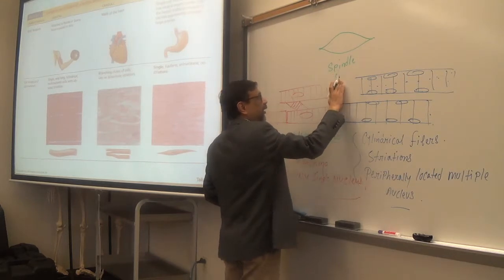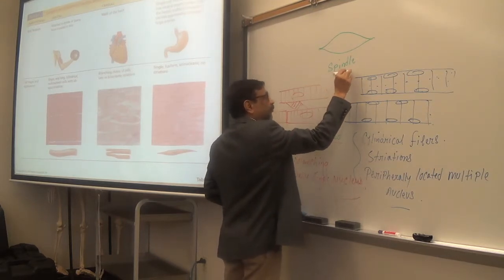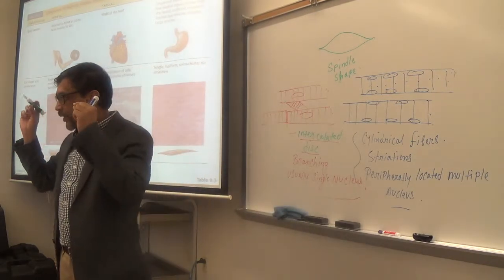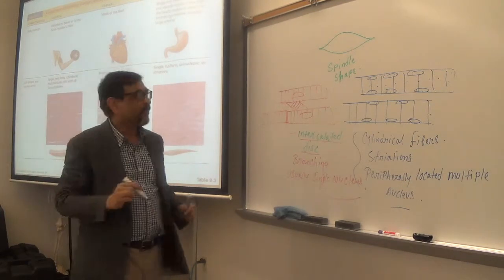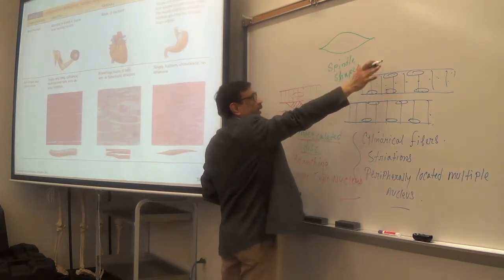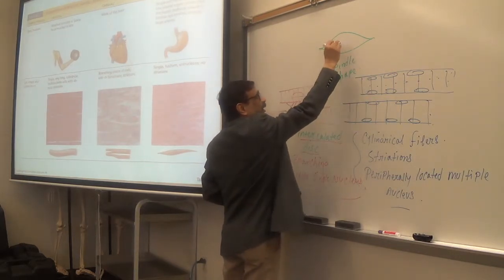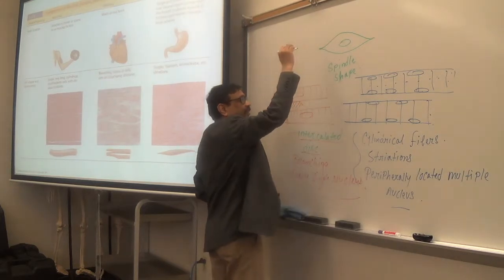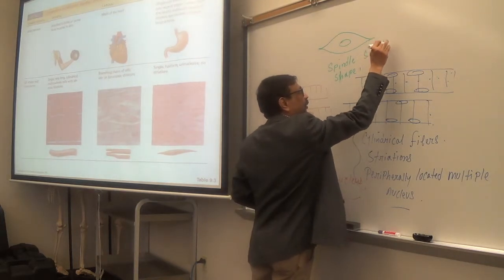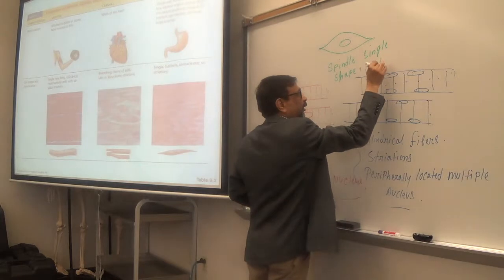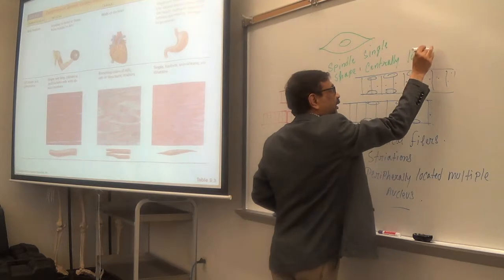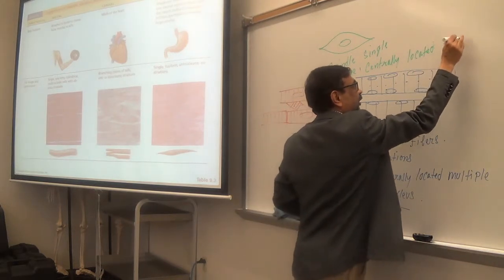Spindle shaped fibers. That means like your eye, both ends are tapered or pointed, and the middle part is wider, right? So spindle shaped fiber, no striation, no intercalated disc, no branching, a nice single, centrally located nucleus.